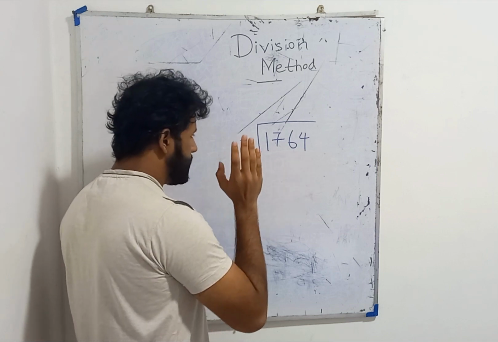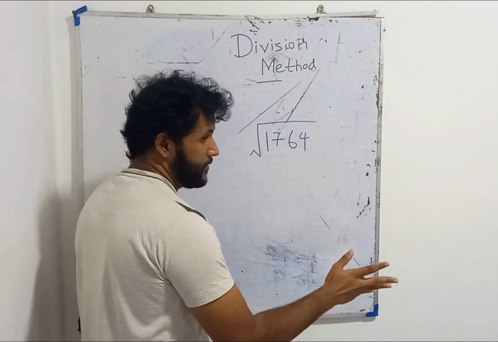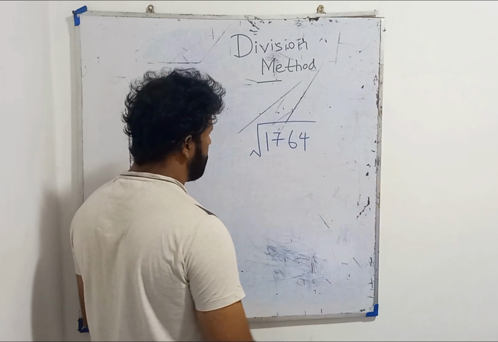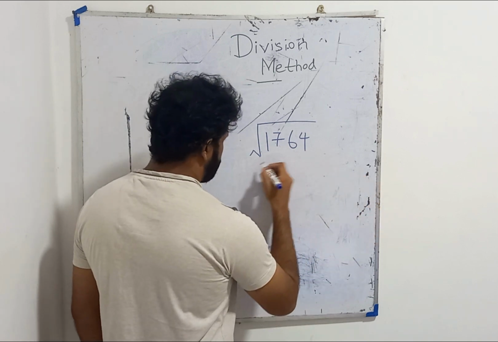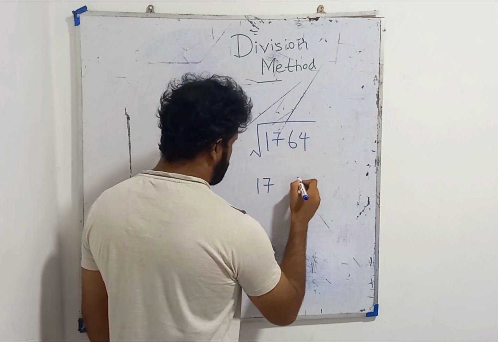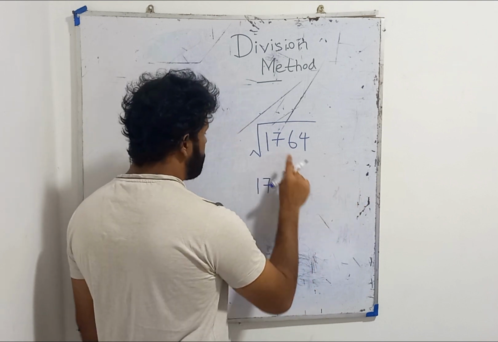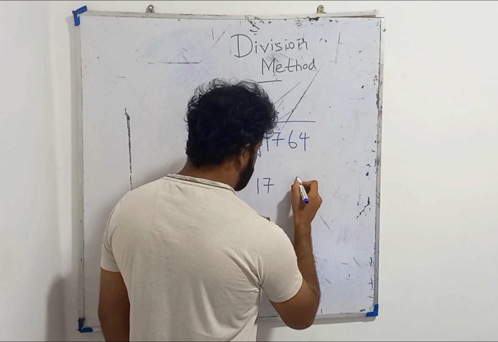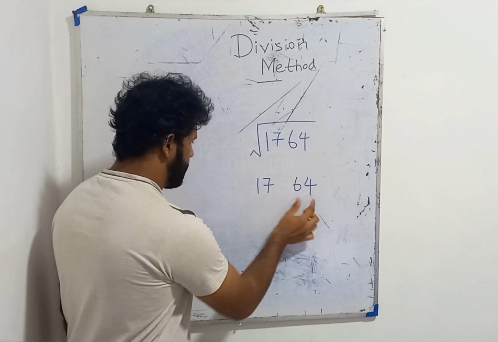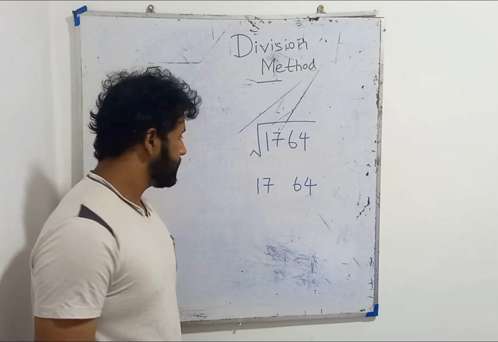First, you have to break these numbers into pairs: 17 and 64, not 16, I'm very sorry. Break this down into two sets, in pairs. I hope you can understand.